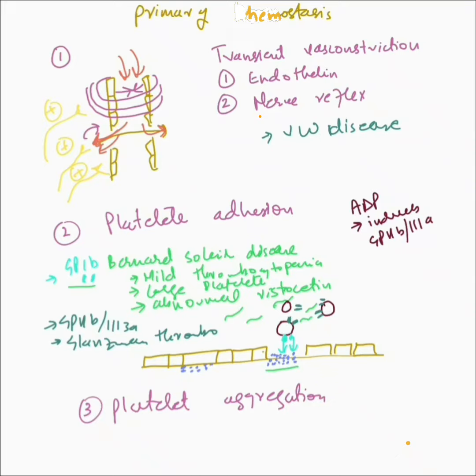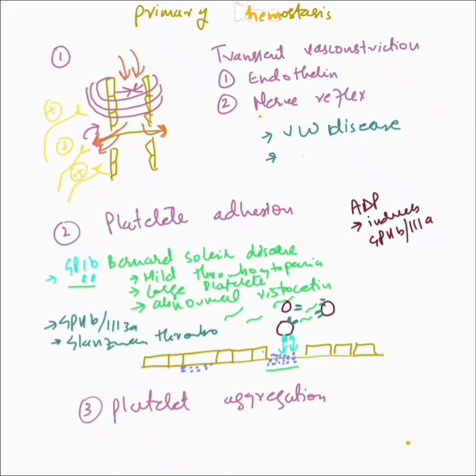As we talked about, in order to adhere to the subendothelium, platelets require the von Willebrand factor for adhesion to endothelium. So when there's von Willebrand disease, there will be a lack of platelet endothelial adhesion, and that will result in ecchymosis and mucocutaneous bleeding, like epistaxis, and that is how it presents. But usually it is mainly asymptomatic.